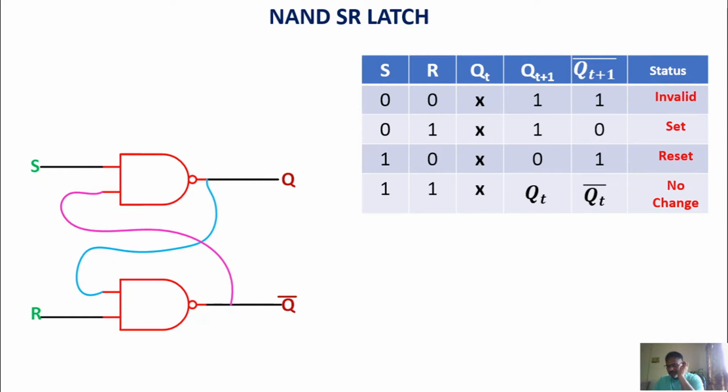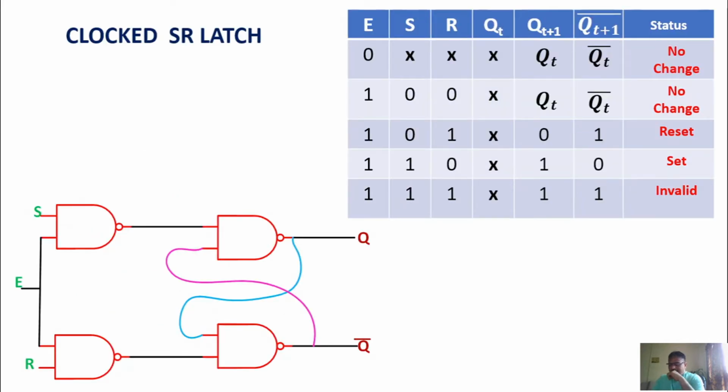To know about JK flip-flop, you need to know about NAND SR latch. This has been covered in the class. So try to be thorough with NAND SR latch. And you know that this NAND SR latch is converted into a proper clocked SR latch by connecting two more NAND gates and giving one enable input and also S and R input through a separate NAND gate.